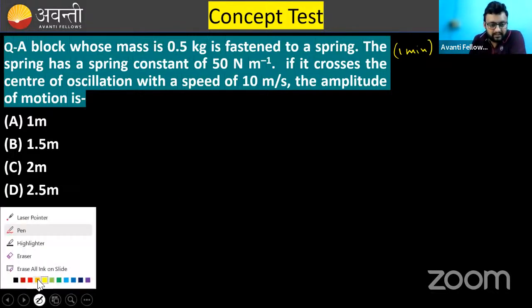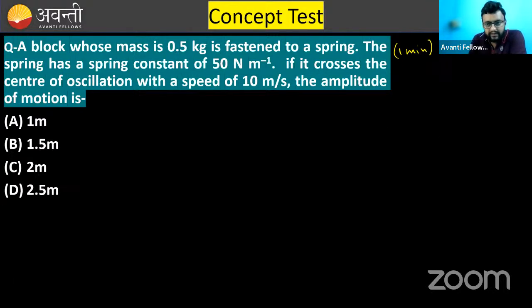What the diagram says, I will describe it to you. Let's suppose they are saying a block whose mass is this one is fastened to a spring. Fastened means attached to a spring. The spring has a spring constant, this one. If it crosses the center of oscillation with a speed this much, the amplitude of motion will be. Okay, let's suppose this is the spring.